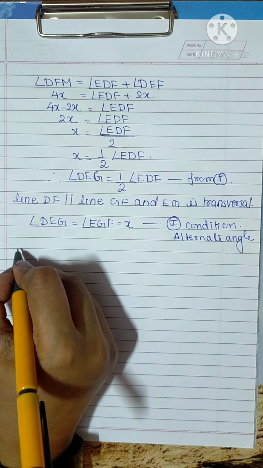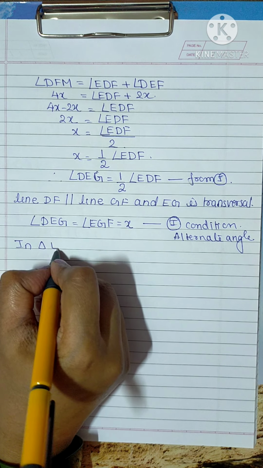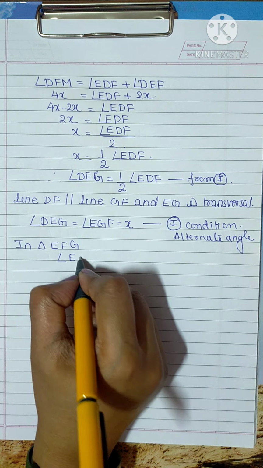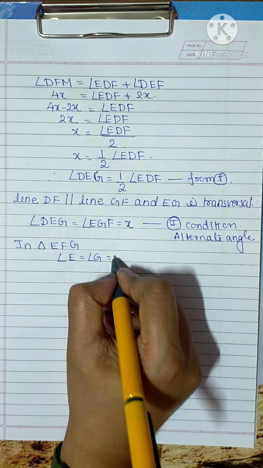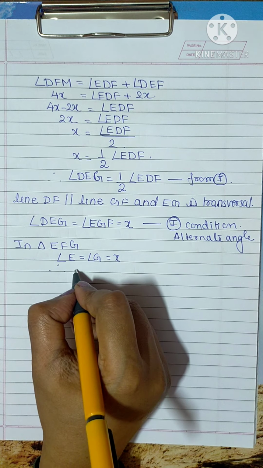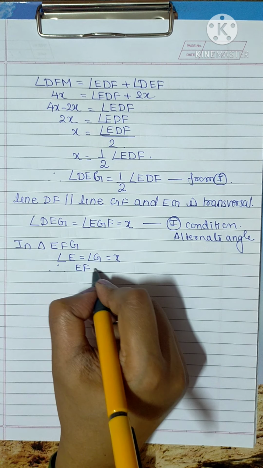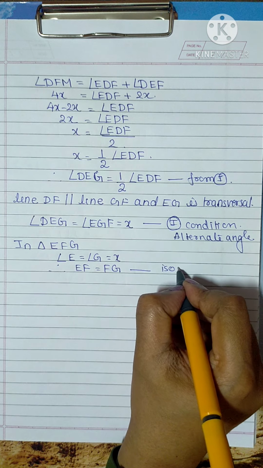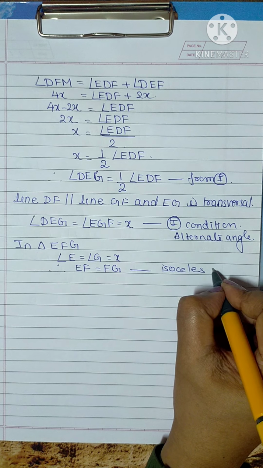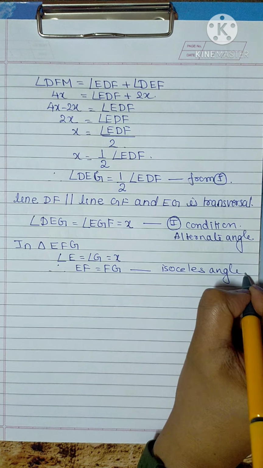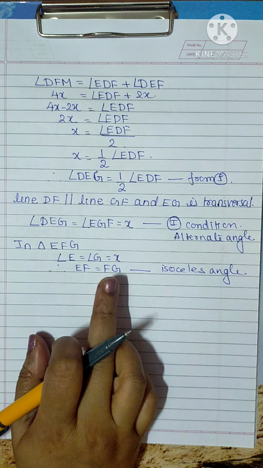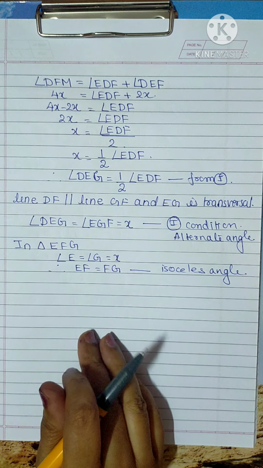So in triangle EFG, angle E is equal to angle G equal to X. So therefore EF is equal to FG because of the isosceles triangle property. So we have proved that EF is equal to FG, and we have finished practice set 3.1.